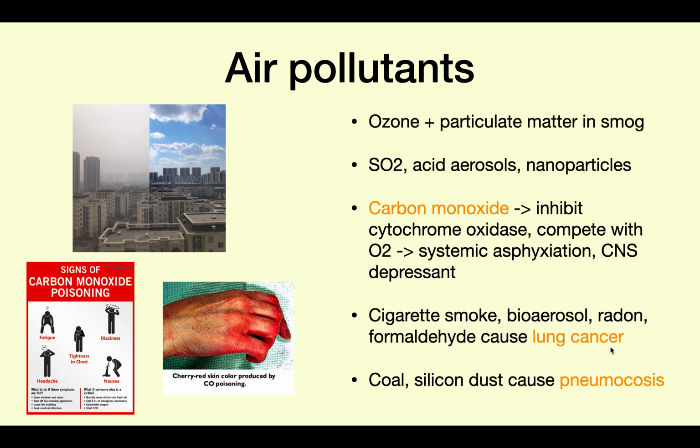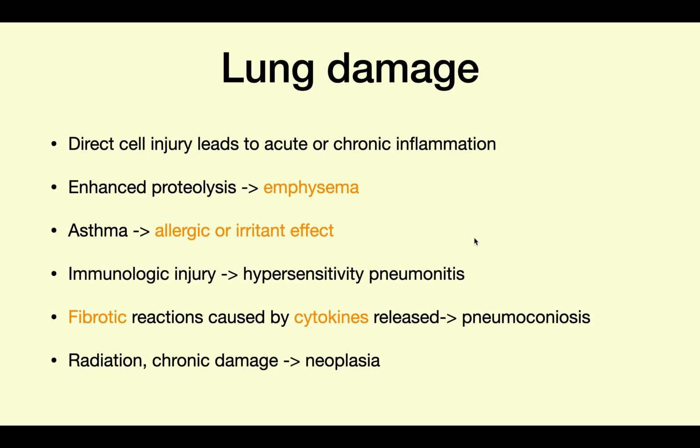cause lung cancer. Okay, so the direct cell injury leads to the acute or chronic inflammation. Enhanced proteolysis is going to lead to emphysema, which is a restrictive lung disease, and asthma is going to occur if irritants enter the lungs, and it activates IgE.